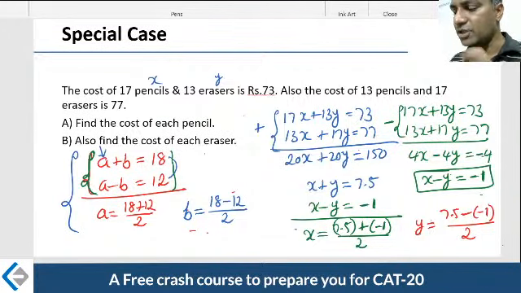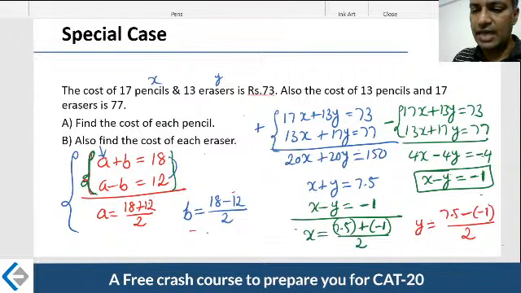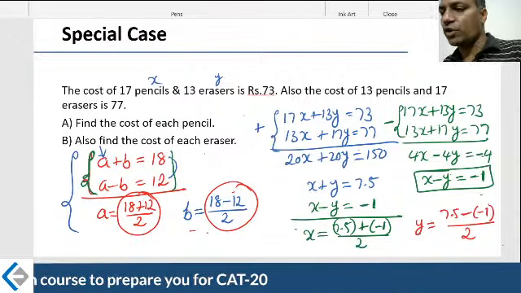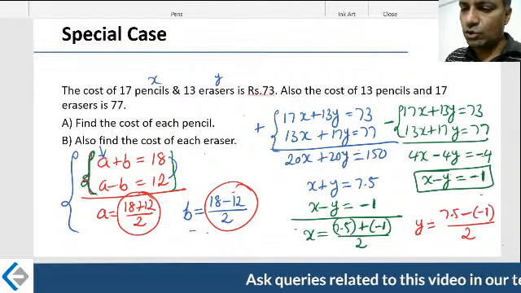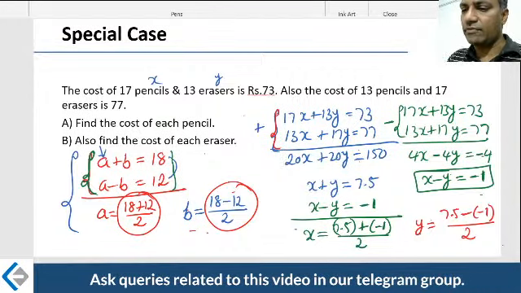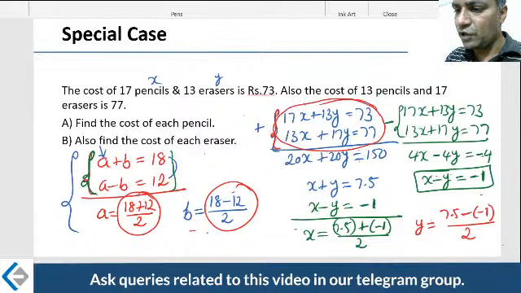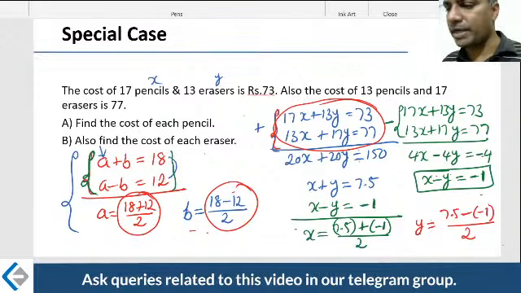Okay, all calculation is simple here. 6.5 divided by 2, we can do that. I showed you how to write the averages here. Whatever we learned earlier, I'm just showing how the numbers would have been tricky, rather than trying to solve and find the values of x and y from this cumbersome equation where you end up multiplying 17 with 13, 13 with 17, and then the numbers literally explode and become larger.